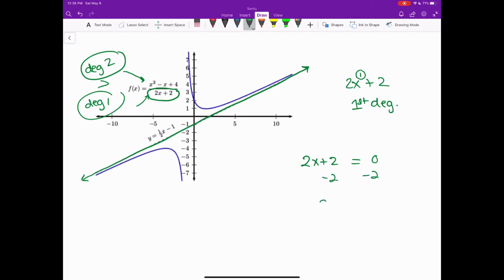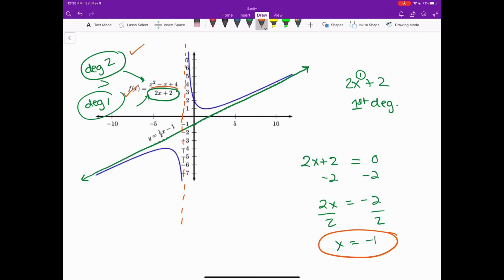I subtract 2 from both sides, and I get 2x equals negative 2. Divide by 2, and I get x equals negative 1. And that checks out, right? I would have a vertical asymptote at x equals negative 1. And that's probably about right here. Here's my vertical asymptote, all right? So this has a slant asymptote because I've checked those degrees, and it also has a vertical asymptote because, again, we can't be dividing by 0. We have to make sure that the denominator is not equal to 0.